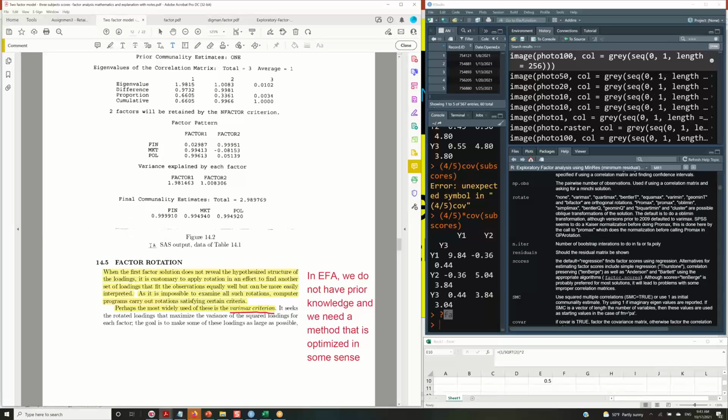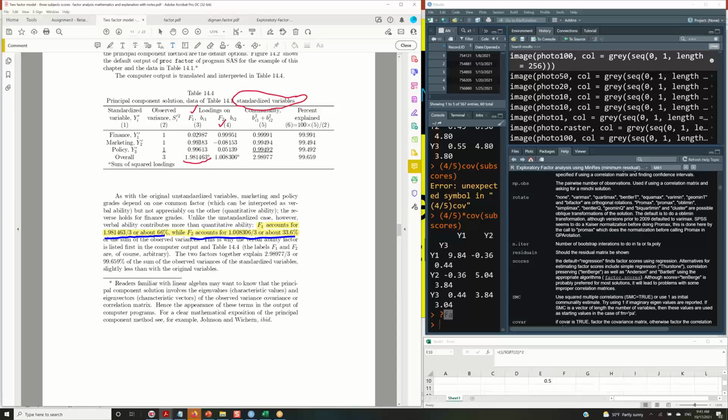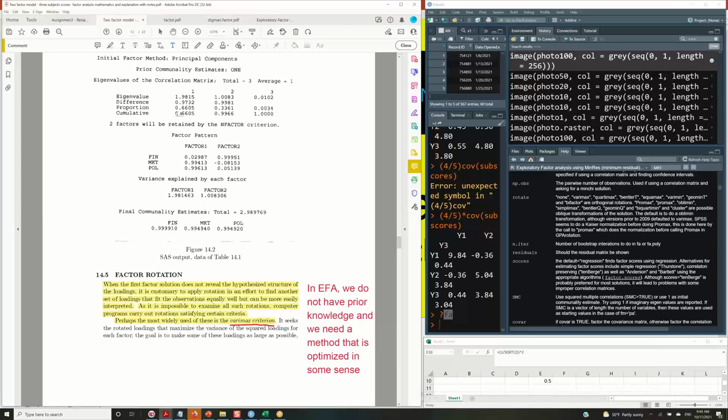If the factor values do not support the hypothesis, for example, here factor 2 is all about finance and quantitative skills, and factor 1 is verbal skills. When we have such an expectation, your factor loadings should explain that. If they don't, that's where you can use a rotation to get to your explanation.